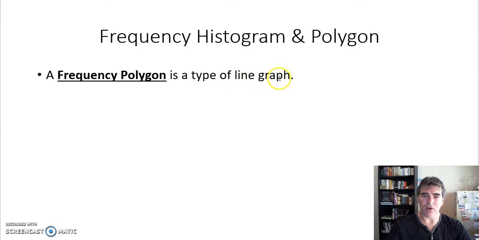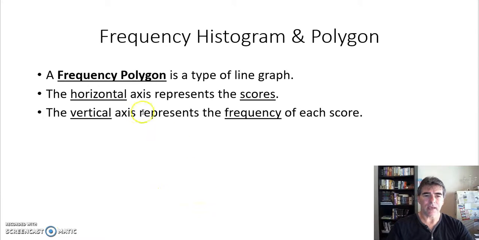So let's now look at a frequency polygon. This is a type of line graph. Earlier in geometry, you would have known that a polygon is a closed shape with many sides. So we have to remember that closed part as well, and that'll seem a bit more apparent as we come through. Again, horizontal axis is our scores, and our vertical axis represents our frequency.